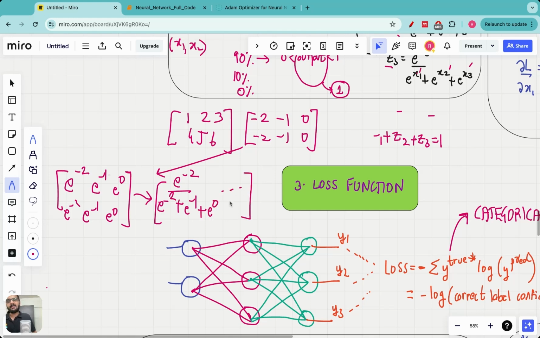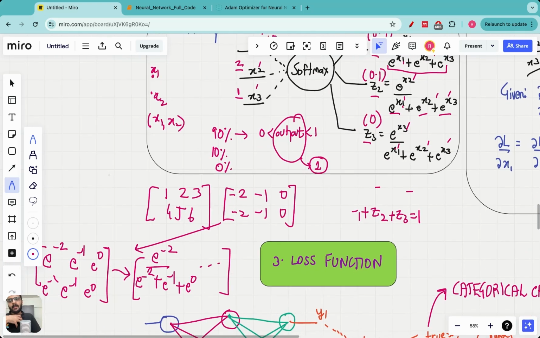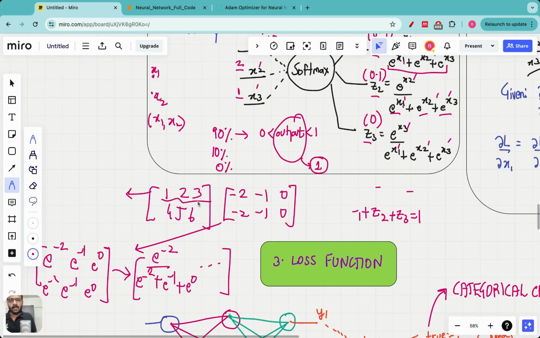And we'll be doing the same thing for all the entries in this matrix. So this is how we'll be finding the softmax forward pass. Remember, each row in this matrix belongs to the batch. So the first row is the input to the softmax from the first batch. The second row is the input to the softmax from the second batch of the input data.